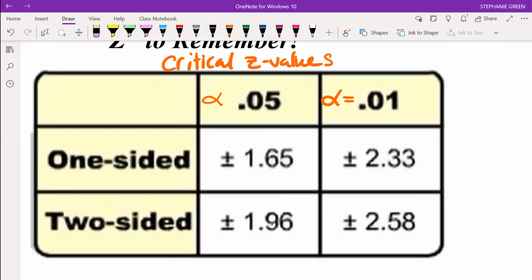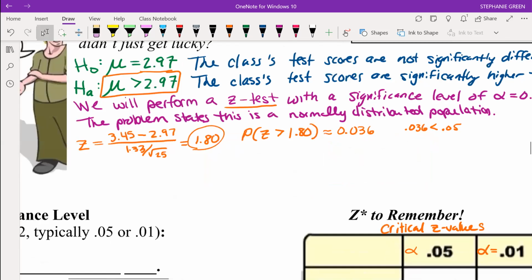So let's go ahead and talk about how I'm going to write my conclusion now. With our conclusion, we said because our z-score was higher than our critical z-value, or we could say because our probability of our z-score being higher than that was lower than our significance level that we chose, we know that this is a statistically significant situation.